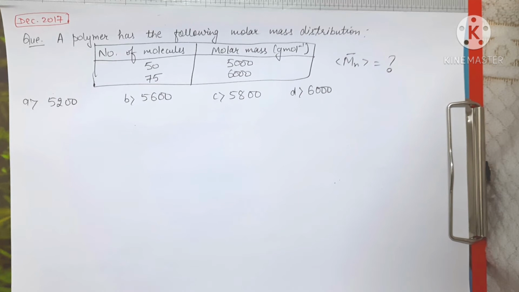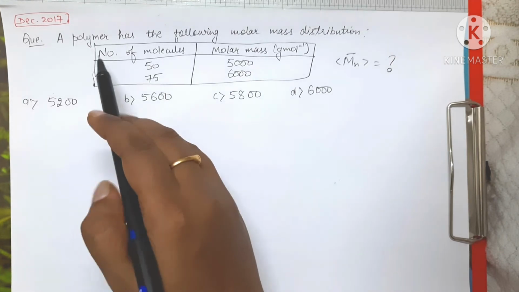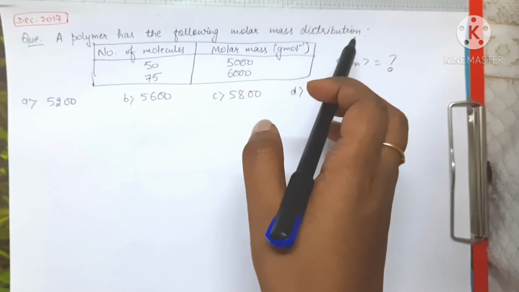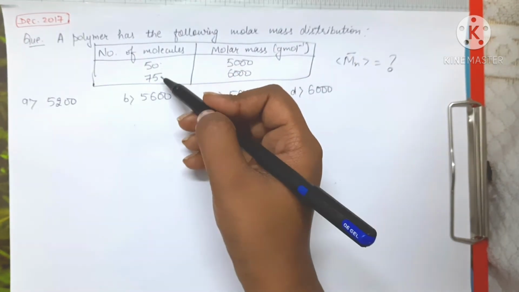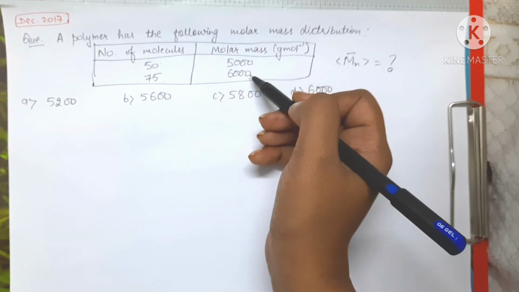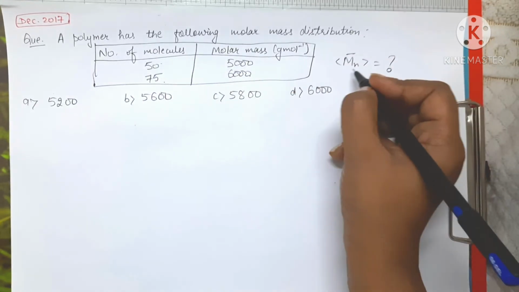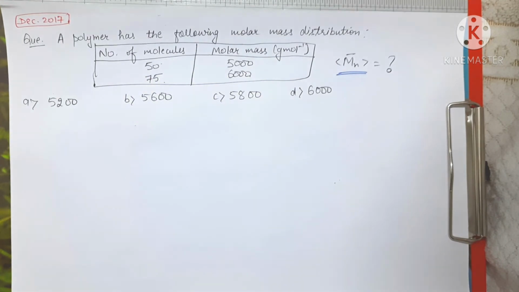So this is the next question. By the way, the previous question was asked in the December 2014 exam, and this question was asked in the December 2017 exam. It says that a polymer has the following molar mass distribution. So basically N1, N2, M1 and M2 are given, and we have to find out the value of number average molar mass.